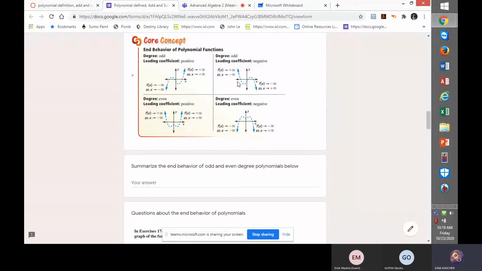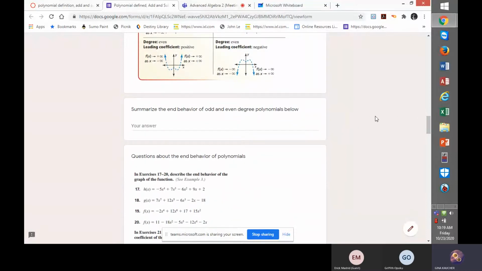If your leading coefficient is negative and the degree is odd, like 3 or 5 or 7, then the parent function is strictly decreasing. Not in the middle necessarily, but as far as your ends go, they go in opposite directions.